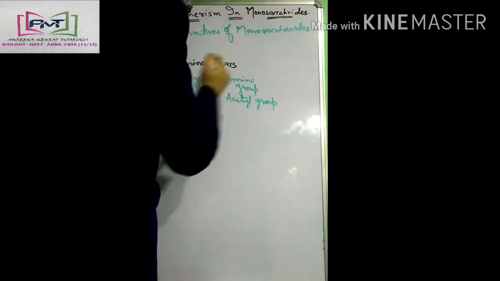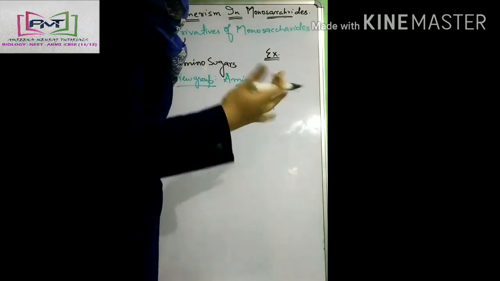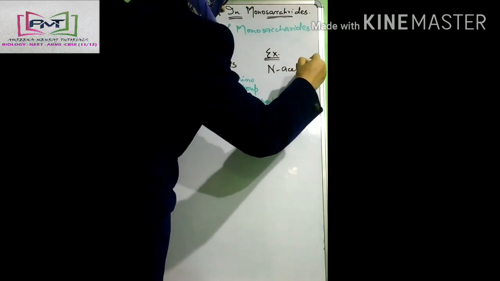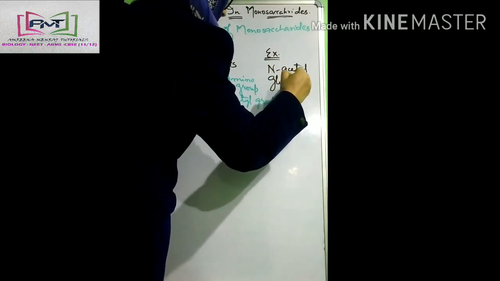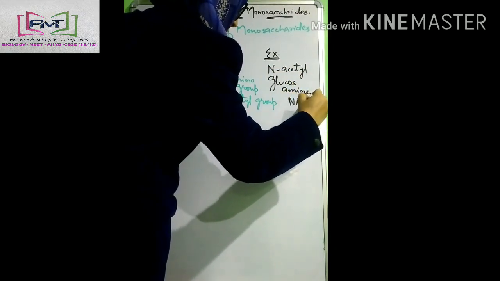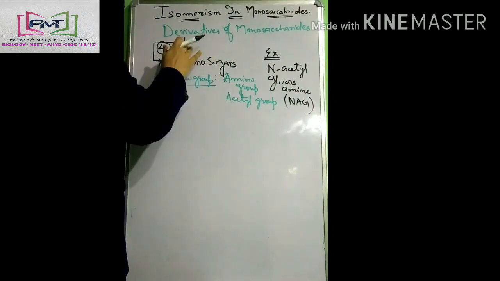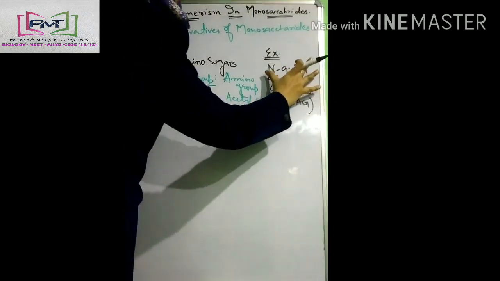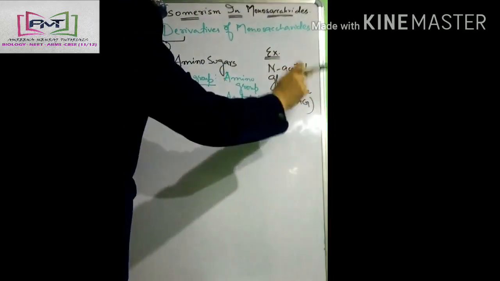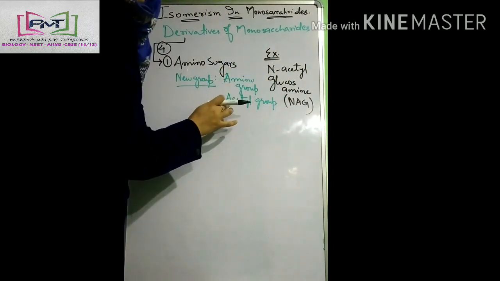Now let me give you an example for amino sugars. The best example which you know from bacterial cell wall is N-acetyl glucosamine, which you call NAG. I hope you remember. That is a form of a monosaccharide, but not a simple monosaccharide. It's a derived monosaccharide. That's why we put these compounds under derivatives of monosaccharides. So you got to learn here that it is a monosaccharide which has both an amino group as well as an acetyl group.